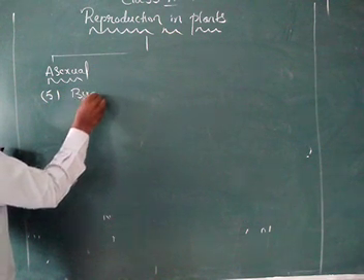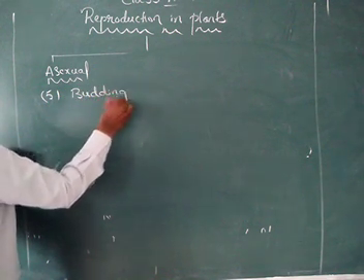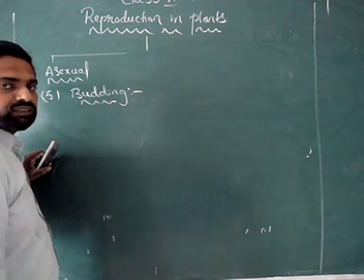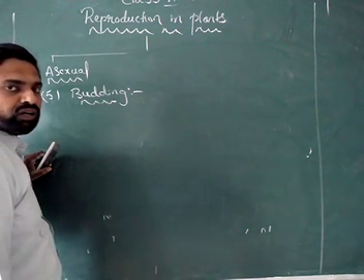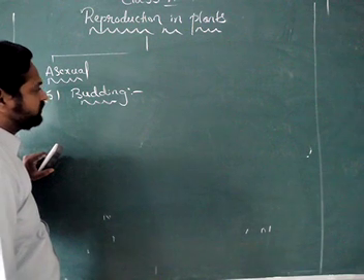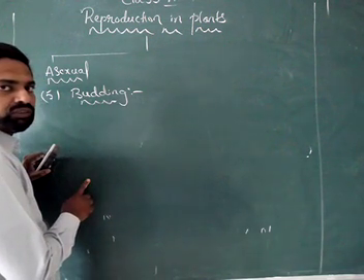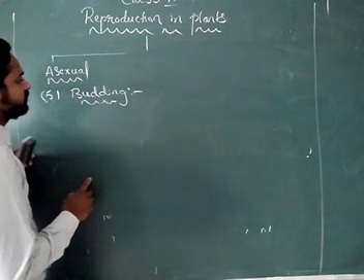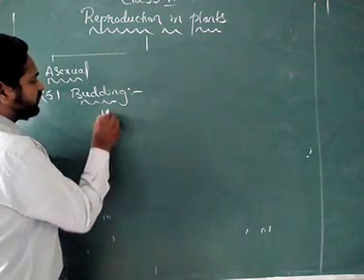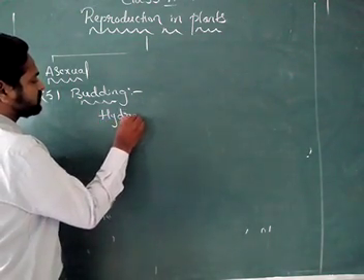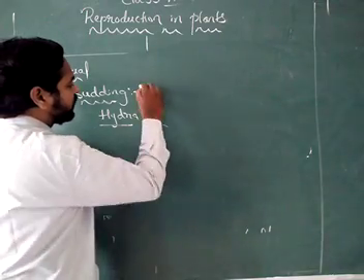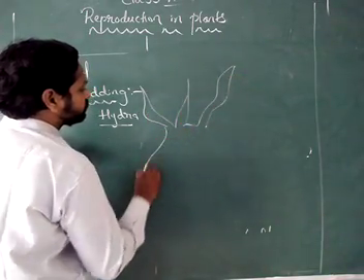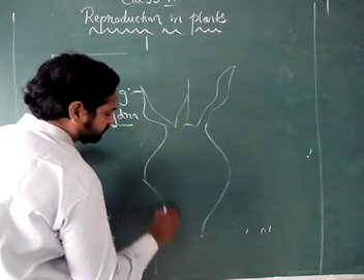Next one, budding. The body outgrowths are formed by the cellular divisions. These body outgrowths are called buds. These buds are formed in hydra. So, if you see the hydra, in case of the hydra, the body outgrowths are formed.